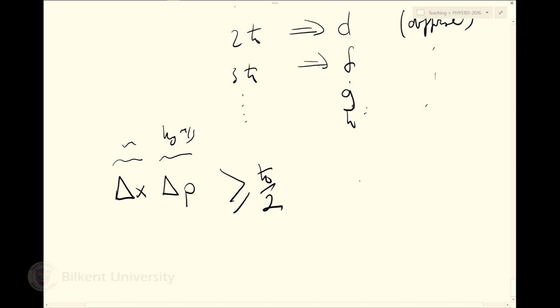Similarly, you'll see that the uncertainty in an energy measurement times the uncertainty in time measurement. What's the unit? Joule second. This must be, well, it's not as hard a limit as the other one, so it's approximately must be larger than h bar. Okay.